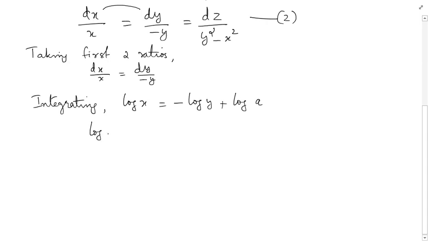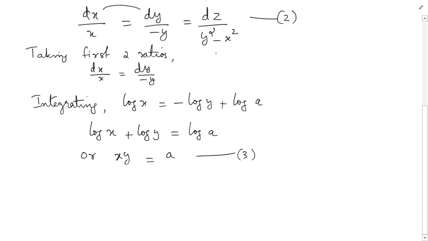Now this becomes log x plus log y equal to log a, or we can write it as xy is equal to a. So this is our third equation, and this is a solution of the auxiliary equation given by equation number 2. Now you have to find one more independent solution of the auxiliary equation.